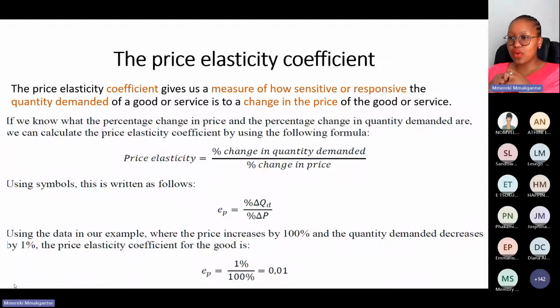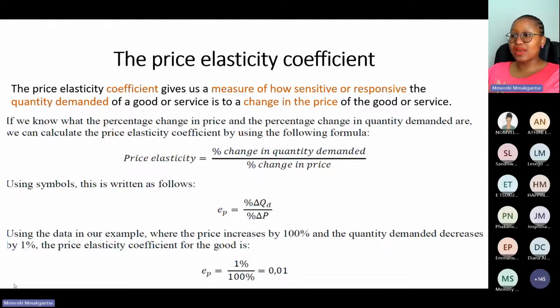So if we know the percentage change in price and the percentage change in quantity demanded, we can calculate the price elasticity coefficient using this formula.